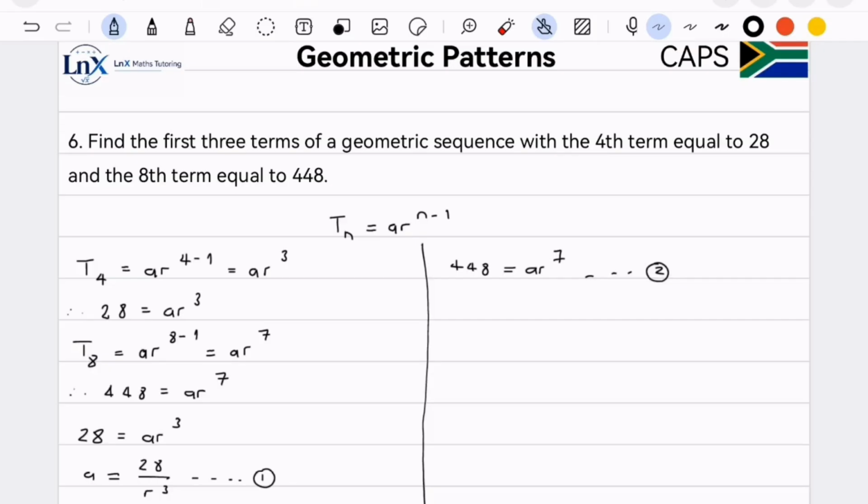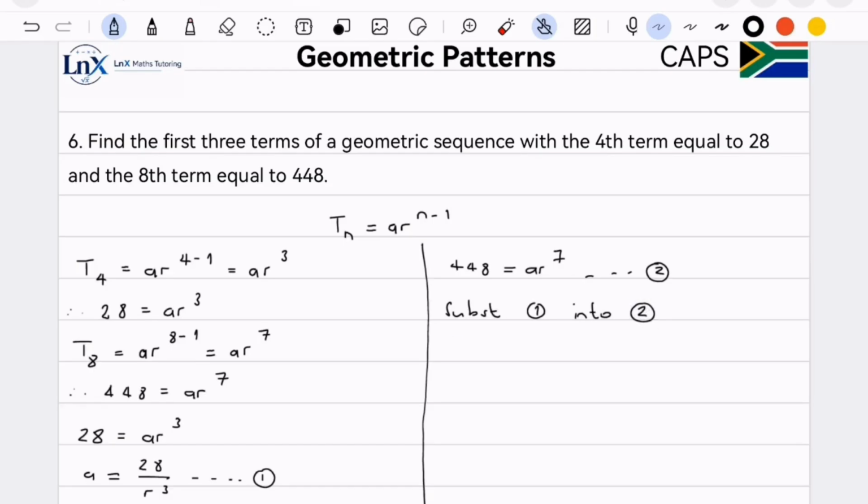So we're going to solve simultaneously by the method of substitution, right? So we're going to substitute equation 1 into 2, right?